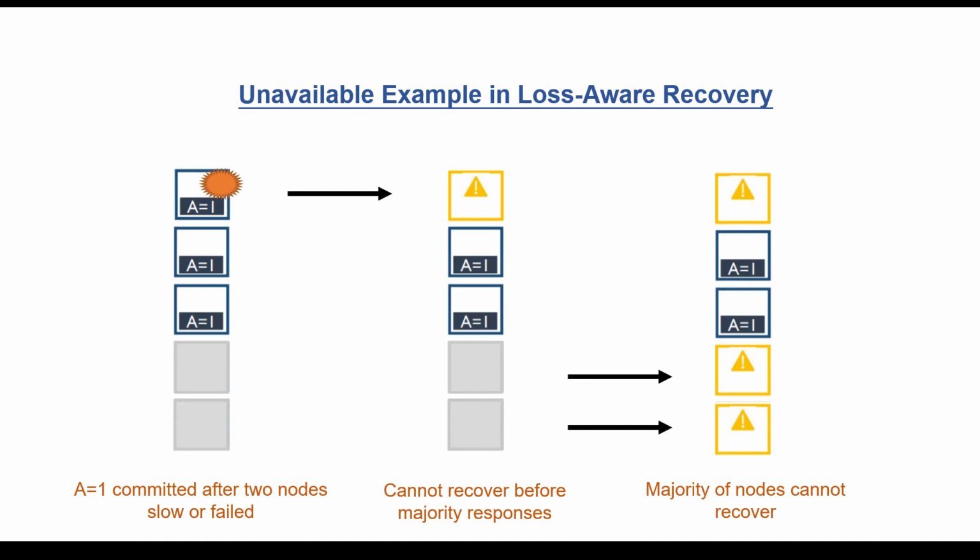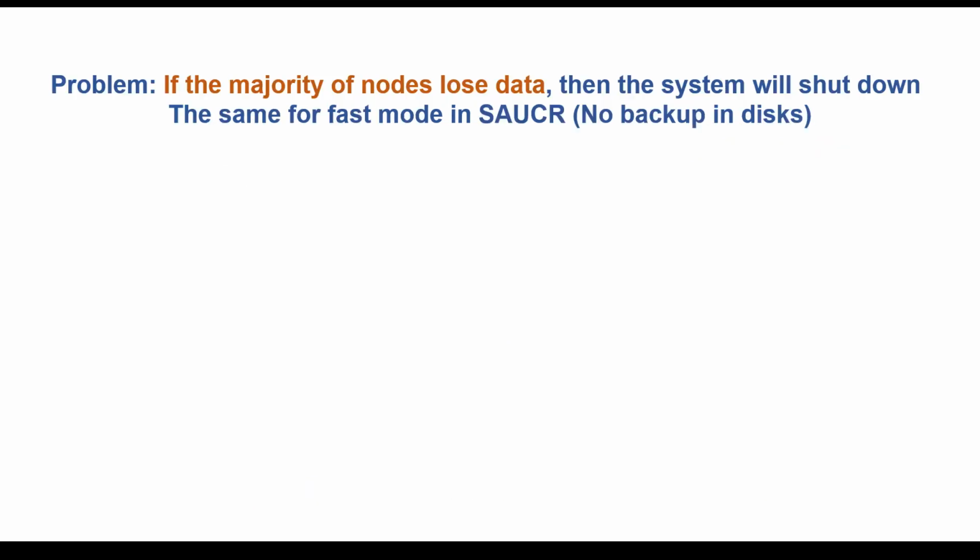So when these nodes recover, they cannot get a majority response, and none of them will take any action. So the whole system will be shut down and permanently unavailable. That could be worse at times. So the problem we can see is that the majority of the nodes lose data, just like what we see.